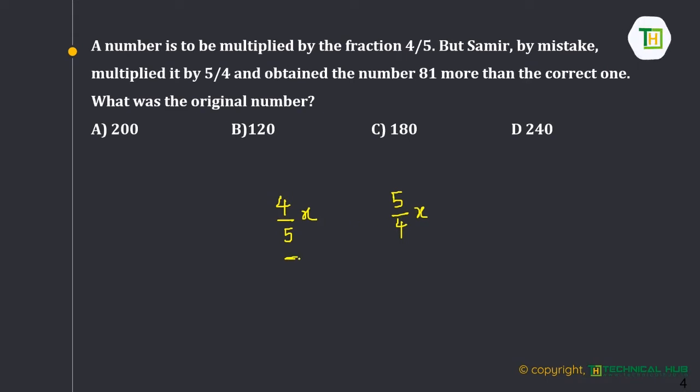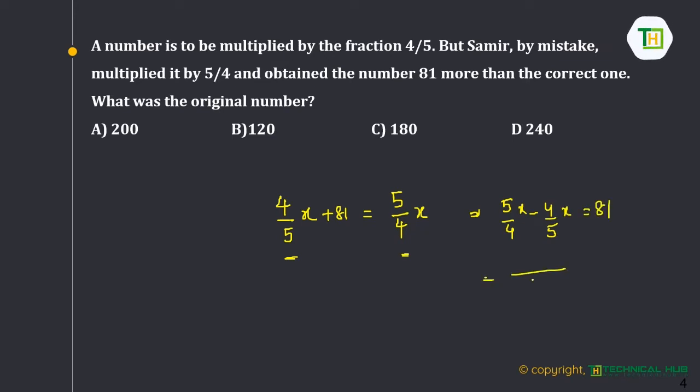The correct one is 4 by 5x, and this 5 by 4x is 81 more than the correct one. So 4 by 5x plus 81 is equal to 5 by 4x. I'll bring it over: 5 by 4x minus 4 by 5x is equal to 81.